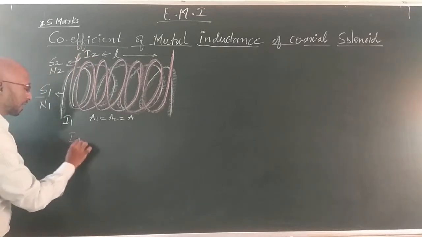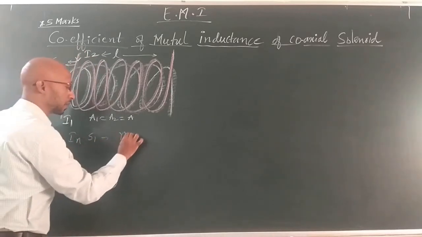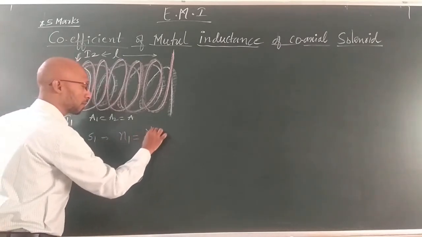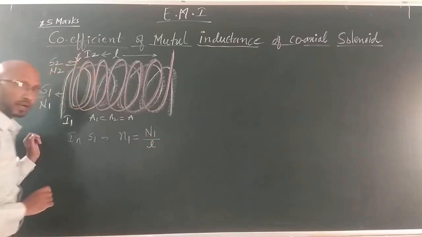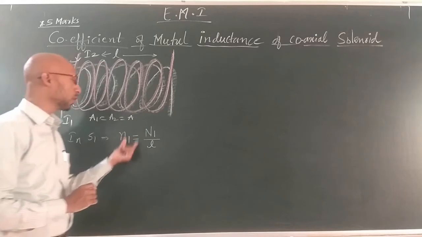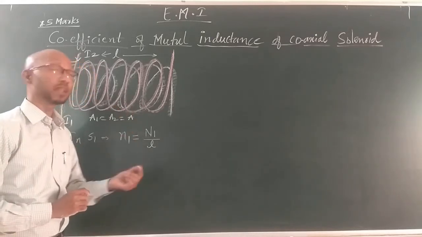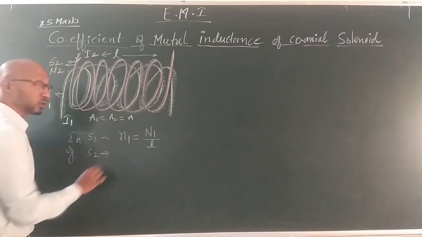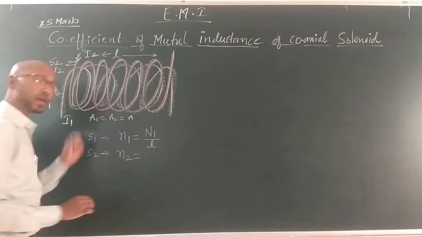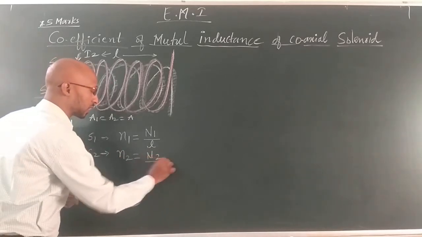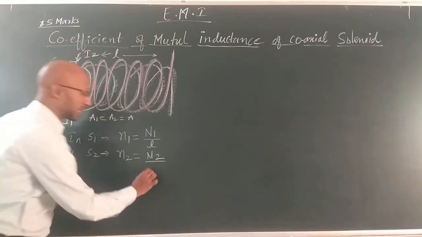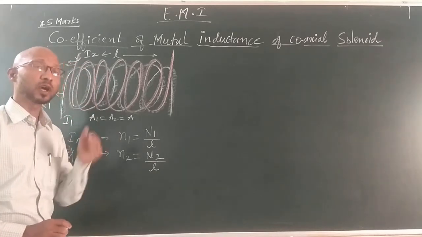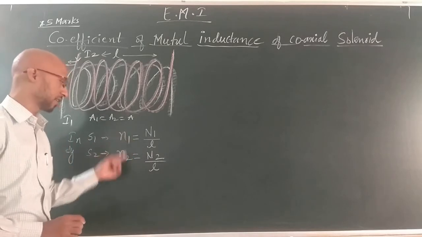In the first solenoid, the number of turns per unit length is given by the total number of turns divided by the length of the solenoid. Similarly, in the S2 solenoid, the number of turns per unit length is the total number of turns in the second solenoid divided by its length. It gives the number of turns in each unit length of each solenoid. That will be understood now.